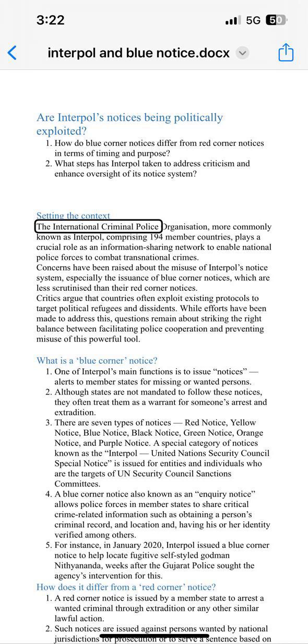Say for example, some terrorist from India has committed several crimes in India and gone to London, taken shelter over there. Now India can write a notice through Interpol, this green color notice, warning England that because of this person taking shelter over there, your public safety is going to be threatened.